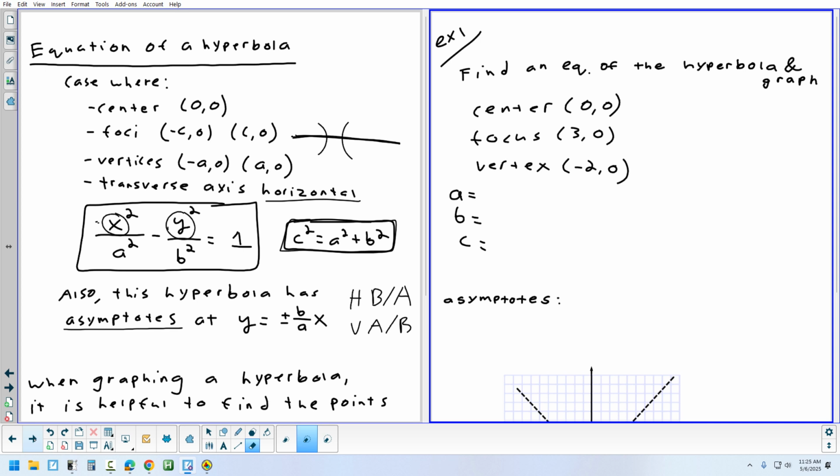What is A? Yeah. A is the distance between the center and the vertex, and in this case, that is 2. B, we don't have enough information to find. We're going to come back to that. But how about C?